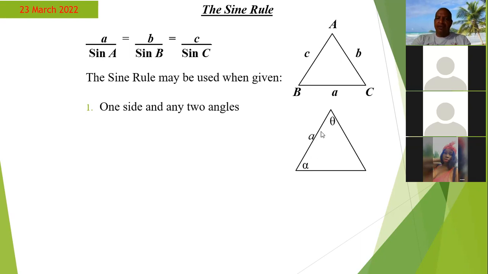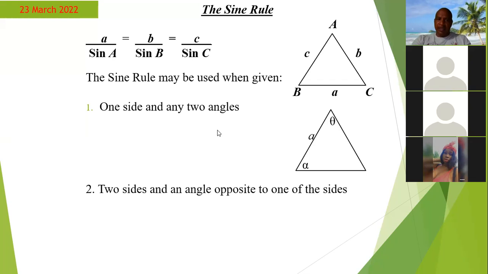It doesn't have to look exactly like this in terms of the side given. Instead of the side A, you could be given any one of the other sides. The key thing is you're only given one side, so you could be given B or C with two angles.